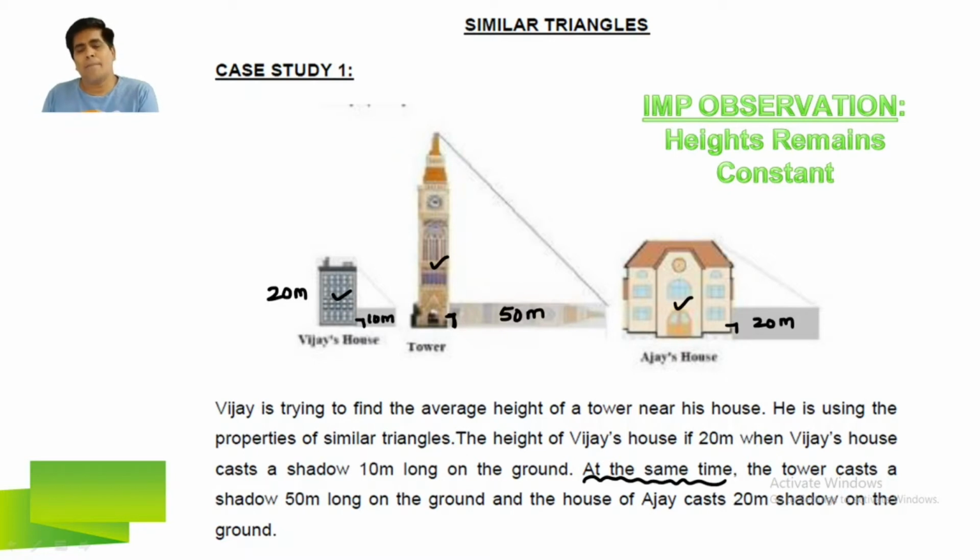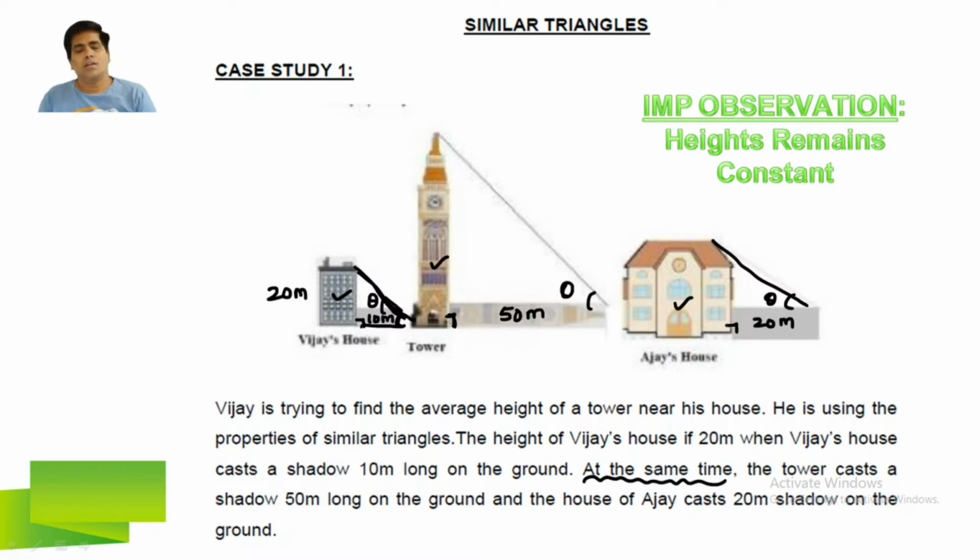At the same time, whatever shadow you take on the ground makes the same angle: here it is theta, here also theta, here also theta. On the ground, it makes the same angles.